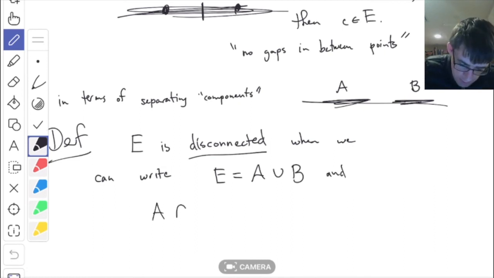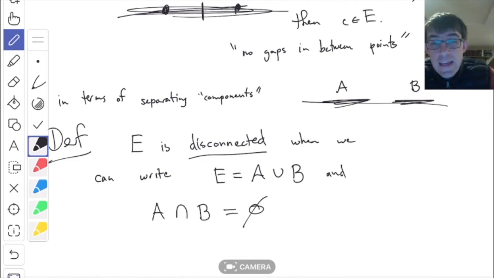Now, I am going to say this. A intersect B is the empty set. That means there is no overlap between those two sets. So you can write the original set in two separate pieces, and those two pieces have no overlaps.